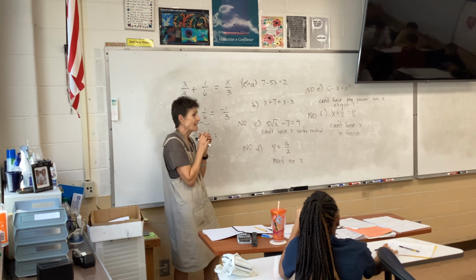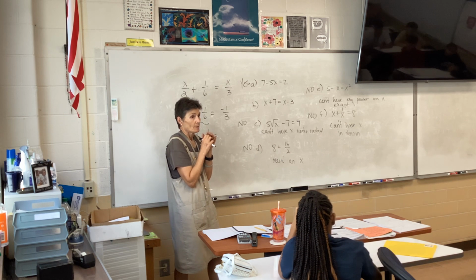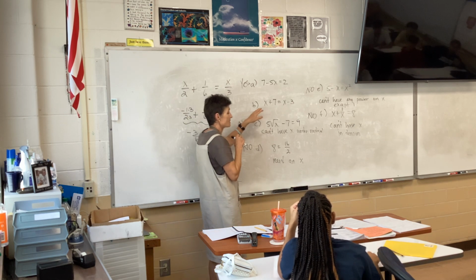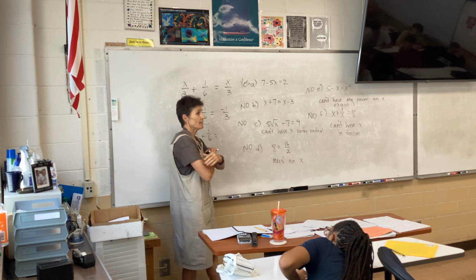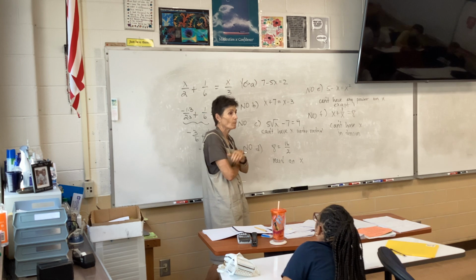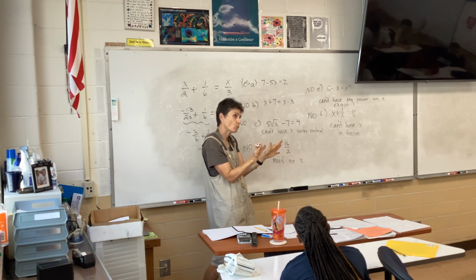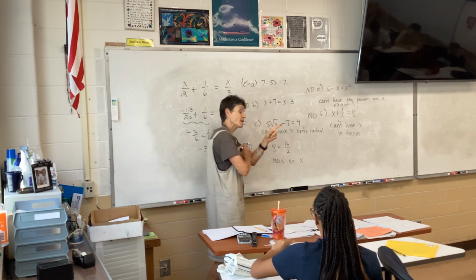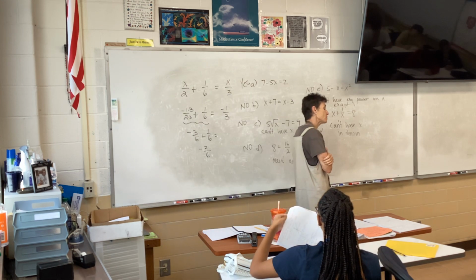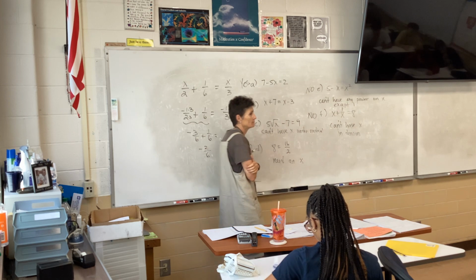All right, so we need an x. This one is tricky. This is actually a no. Can you tell me why that's a no? It looks like it should be okay. Braden? The x's cancel out. They do. And Braden, when they cancel out, what are we left with?